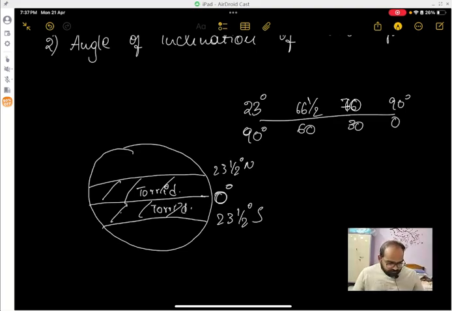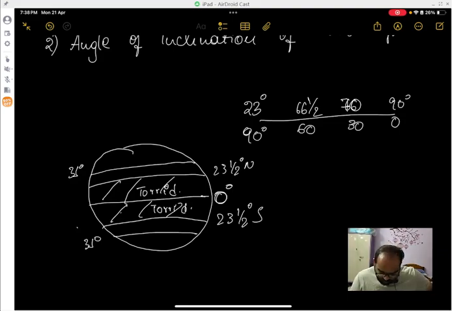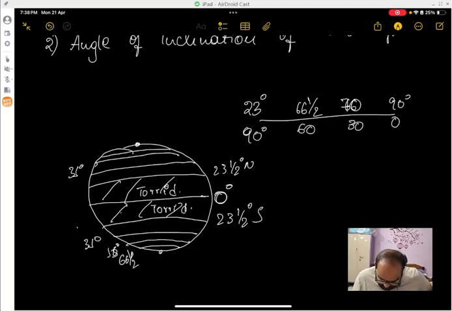Then 35 degrees north, 35 degrees south, right? 55, 66 and a half. Sorry for this, I am really bad at drawing figures, so please bear with me. And it is the polar region, 90 degrees.